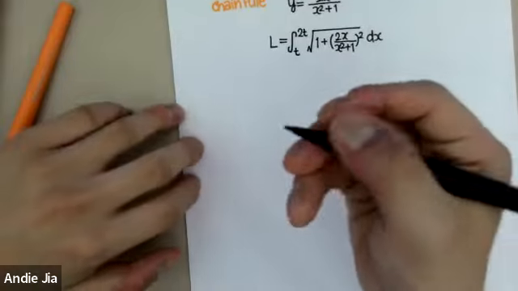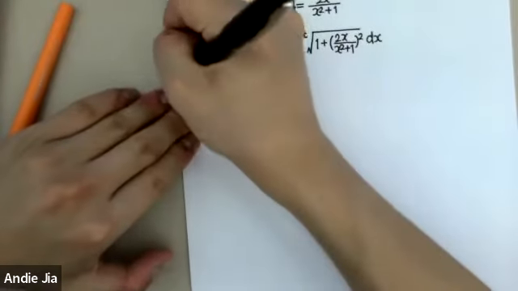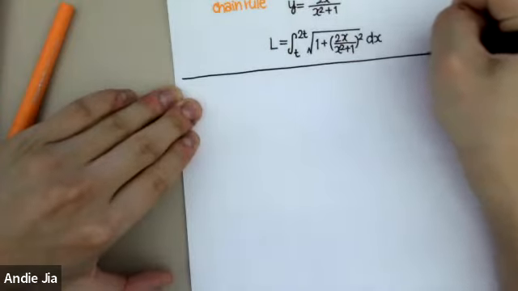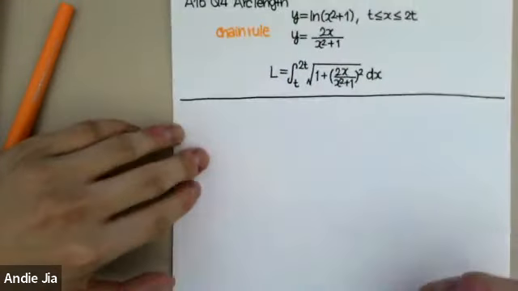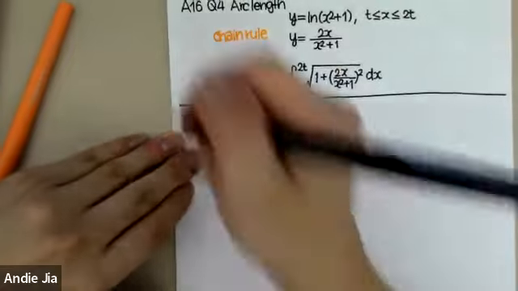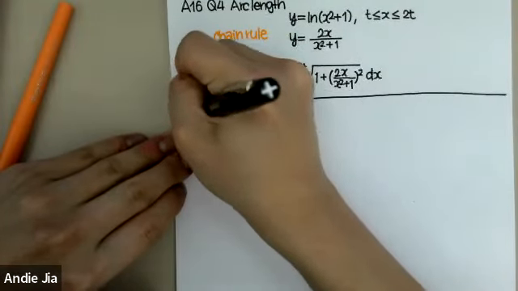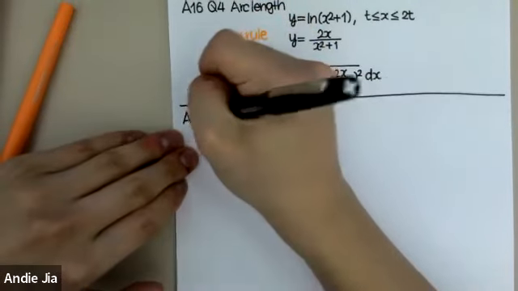There's another arc length problem, from 2015, question 8.